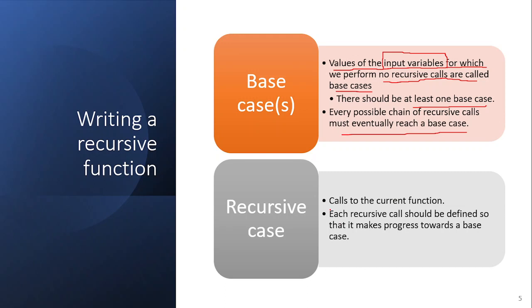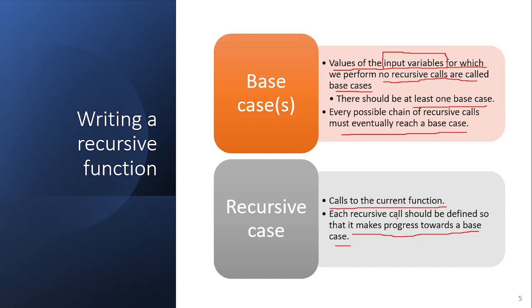What is a recursive case? Recursive cases are those cases where we call the current function. So when the factorial function calls itself, that is a recursive case. Each recursive call should be defined so that it makes progress towards a base case. It should not go away from the base case.